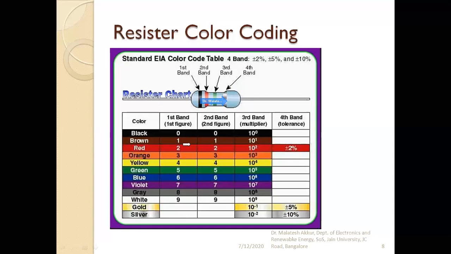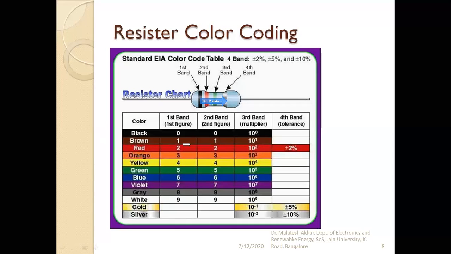According to color code its value is 100 ohm, but if I measure it in the lab, it may show any value between 90 ohm and 110 ohm. It may show 105, 106, 107, or 98, 99, but not beyond that limit. Not less than 90 ohm, not more than 110.